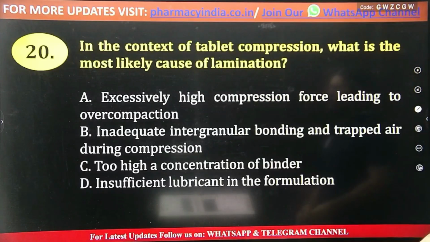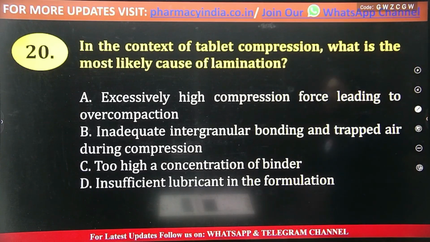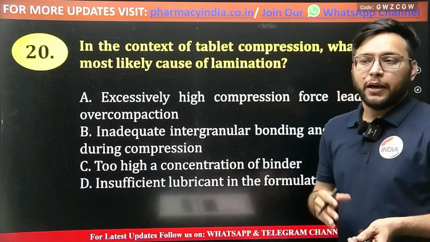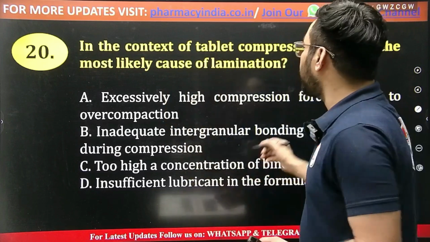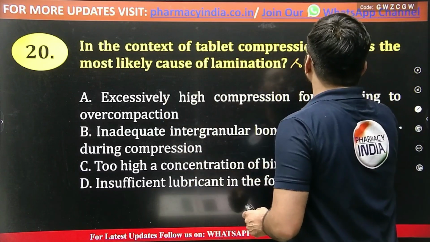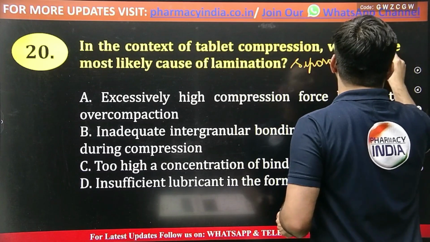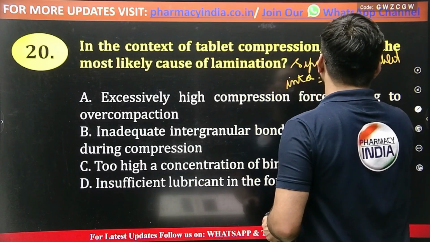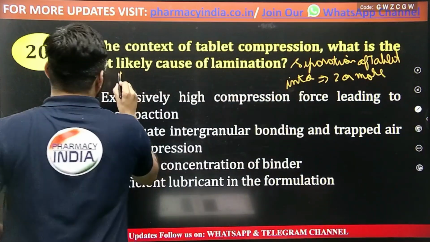Now moving on to the next question, in the context of tablet compression, what is most likely to cause lamination? I have discussed earlier what lamination actually is. Lamination is separation of a tablet into two or more layers, means the tablet will get separated like this.